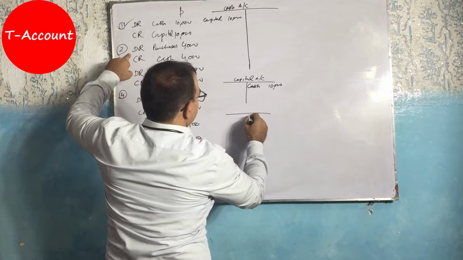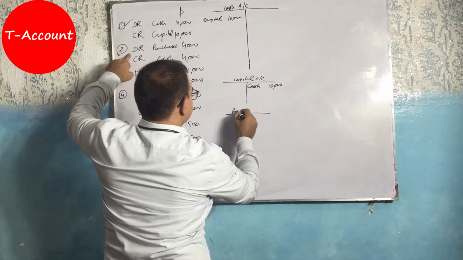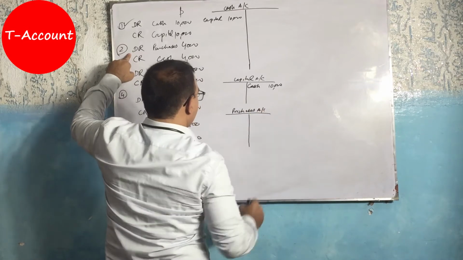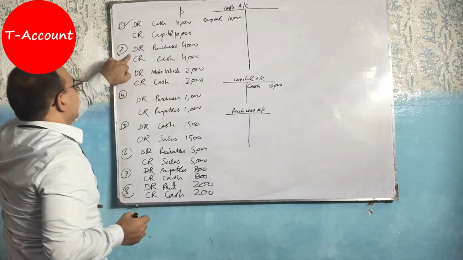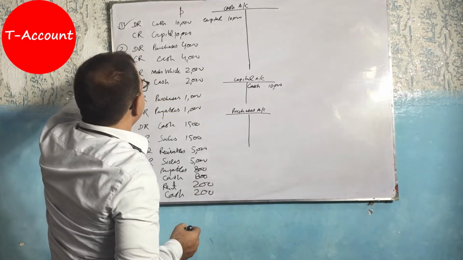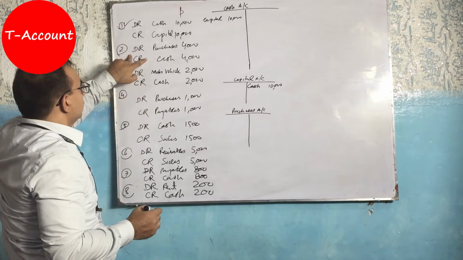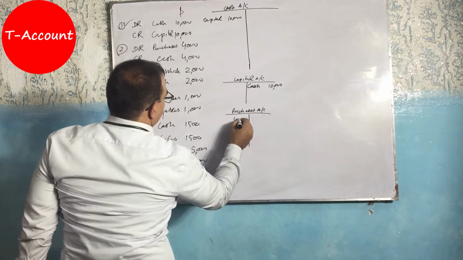Let's open an account for purchases as well. We'll have more than one entry in this account, so we need some space for that. Now purchases debit 4,000.